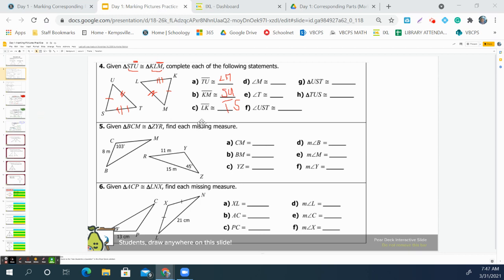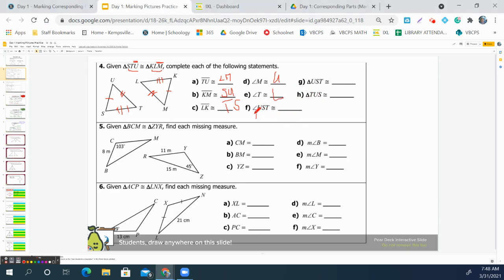So what does angle M go with? U. What's angle T go with? L. Excellent.